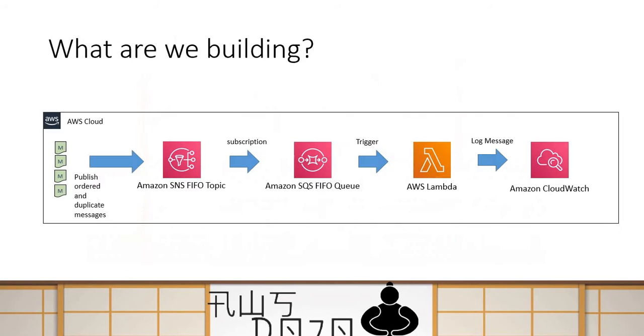Now, having said that, what we are going to build today is very straightforward. We are going to have an SNS FIFO topic where we will publish some messages. They will be published, of course, in an order, and they will have a duplicate message as well. Then we'll have a FIFO queue as a subscriber behind the FIFO topic, and the FIFO queue will have a Lambda function configured as a trigger.